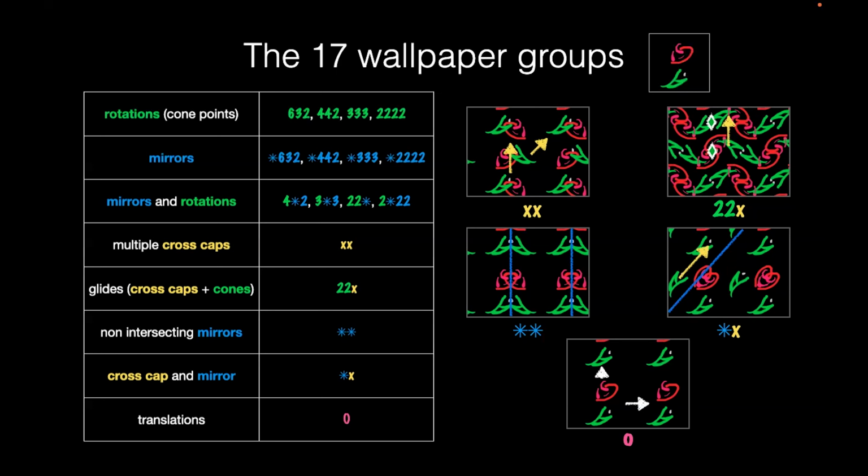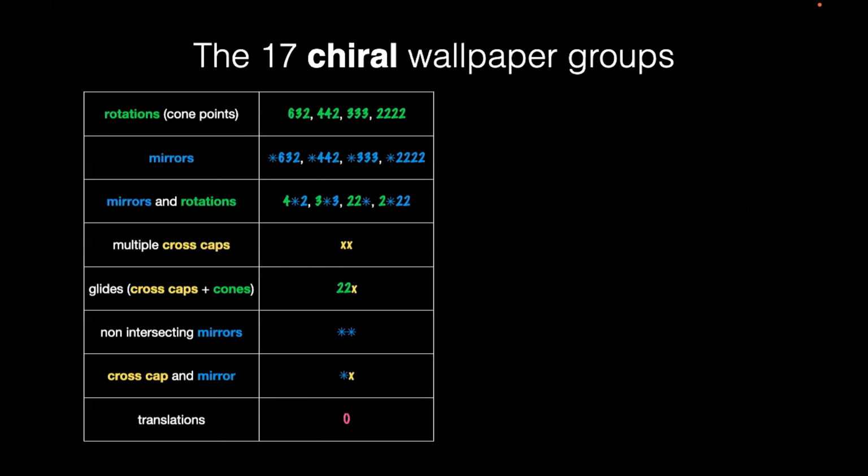And because anything that has no mirrors has some chirality to it, that means that anything that has a star, I can cross off the list of chiral groups.